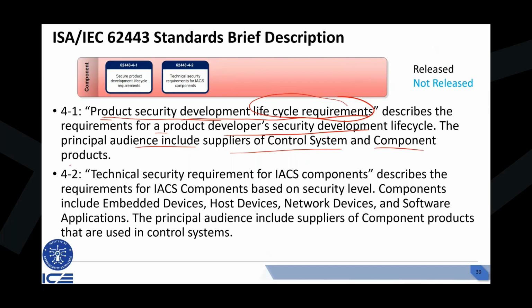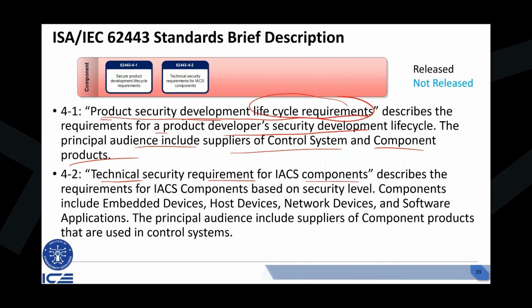Similarly, 4-2 is also focused on the OEMs because it talks about the technical security requirements for the IACS components. It describes what security controls have to be built into the PLCs themselves. Like, if you have seen the PLCs that I've seen, the good old ones, password, what is it? The PLC doesn't even support a password. Obviously, most communication protocols used to be unsecured, unencrypted, and all that.